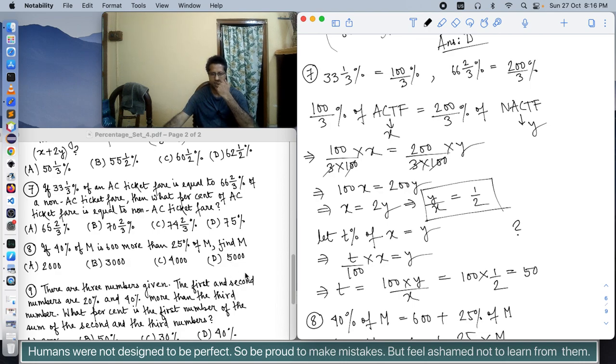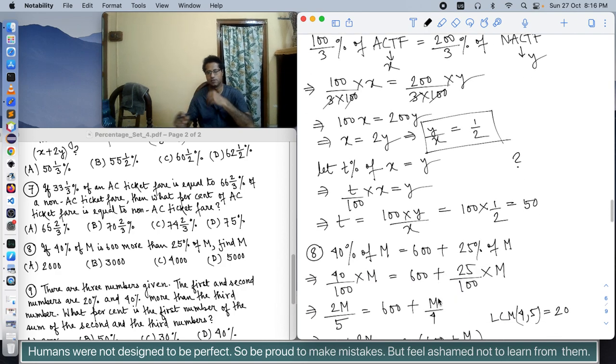If we are assuming that T percent of AC ticket fare is equal to non-AC ticket fare, we will have T percent of X is equal to Y. Which means T by 100 multiplied by X is equal to Y. This implies T is equal to Y into 100 divided by X, which is 100 into Y by X, and Y by X we know is half, so it will be 100 into half, which is 50. 50 to me looks like the correct answer.